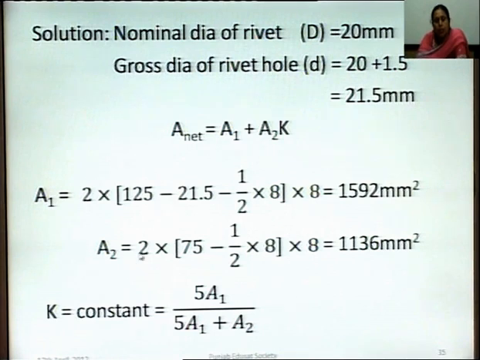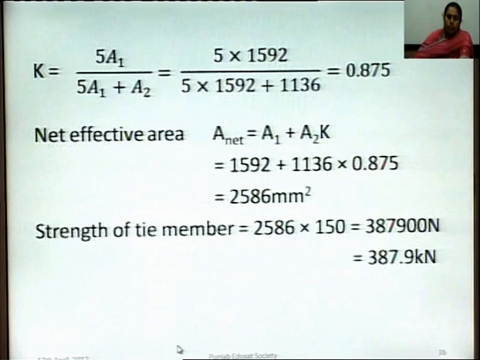Here again we will use 2 as we have two members. So, after calculating A1 and A2, we will calculate K. Then net area will be given as A1 plus A2 K, and then strength of the member will be net area into permissible tensile stress, which will be 387.9 kilo Newton.